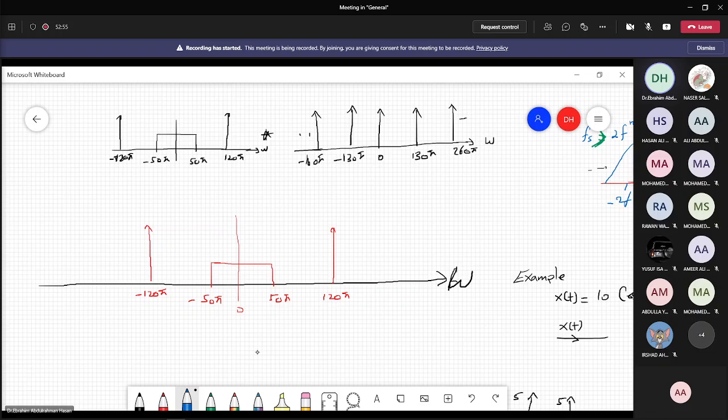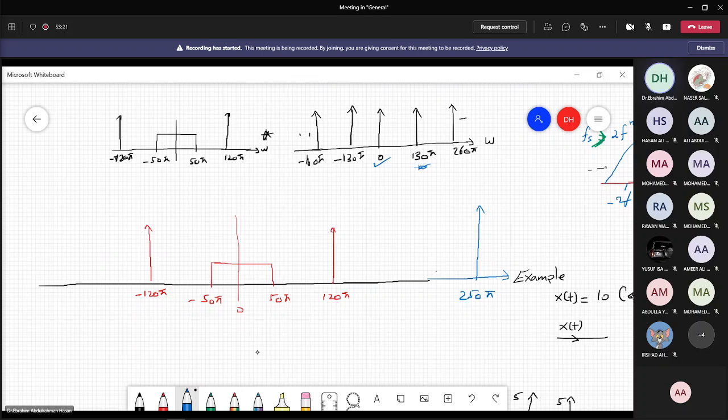Okay, add the convolution with 0, convolution with 130. So then this one we're going to move 120 to 130, so it is 250. It will be here at 250.